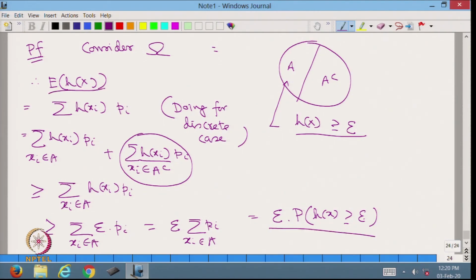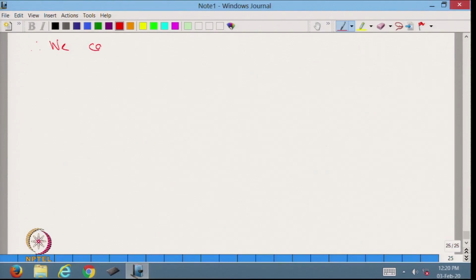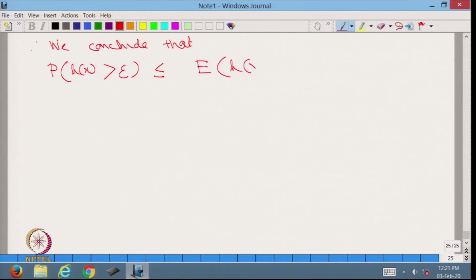Therefore, expected value of h(x) is greater than or equal to epsilon times this. Therefore, we conclude that probability h(x) greater than or equal to epsilon is less than or equal to expected value of h(x) upon epsilon, when h(x) is greater than or equal to 0 for all x.